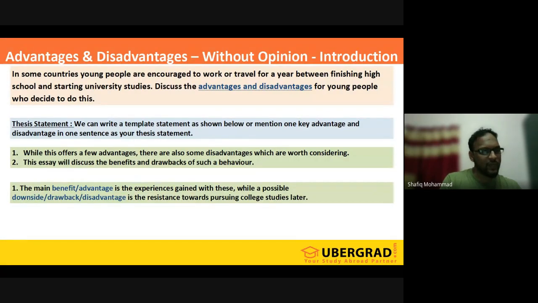And this is very disadvantage. Okay, this is very disadvantageous, but you can change it to this is quite not a good trend, instead of using disadvantage. Okay, because you need to show some variety of vocabulary, right?